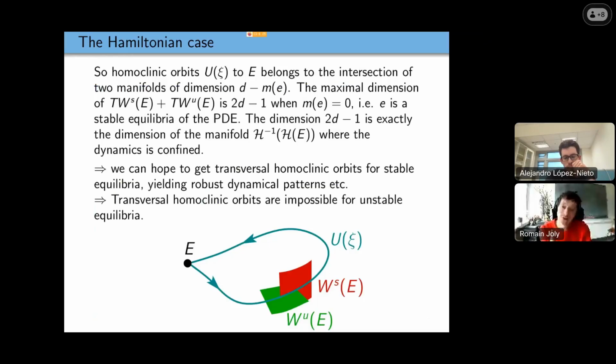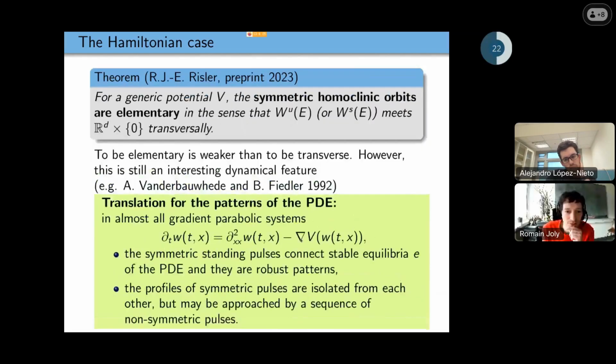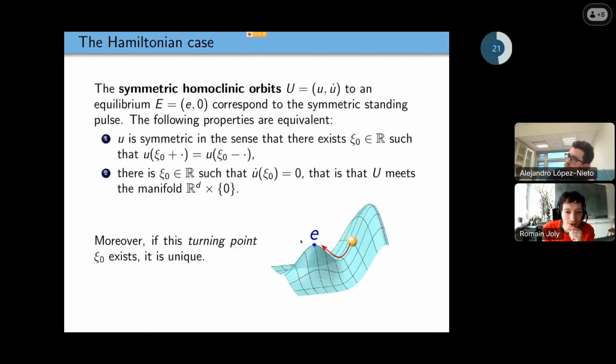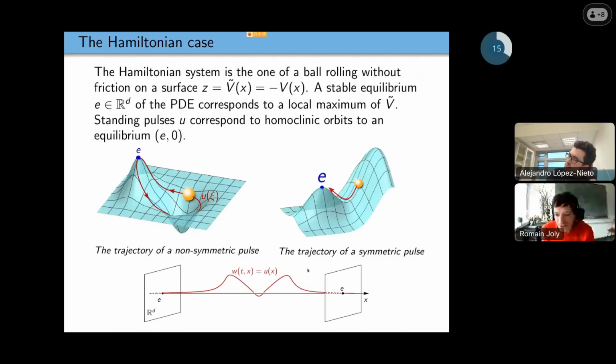Okay, so this means that close to this standing pulse you create here, you have chaos. So what does this mean for the PDE? Once you know that this corresponds to a transverse homoclinic orbit, you're right to say that you expect that there is chaos close to this. But what does chaos mean?